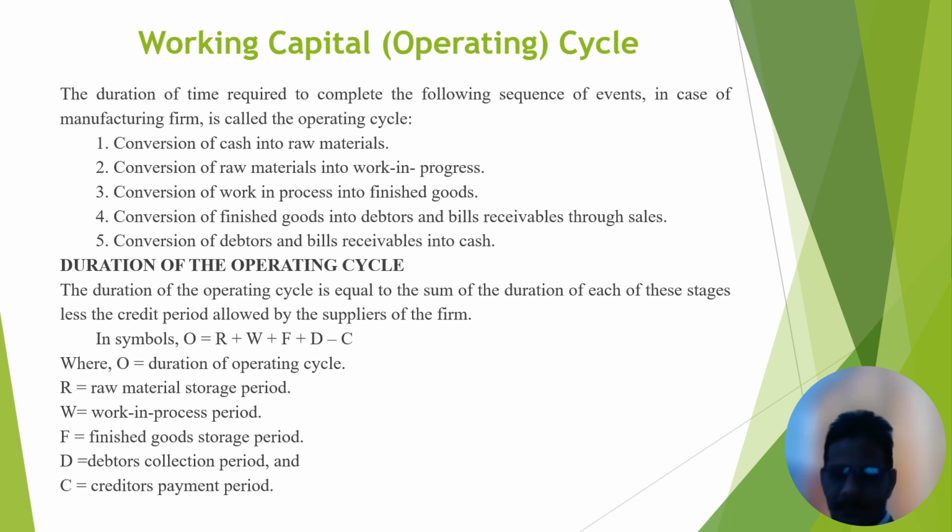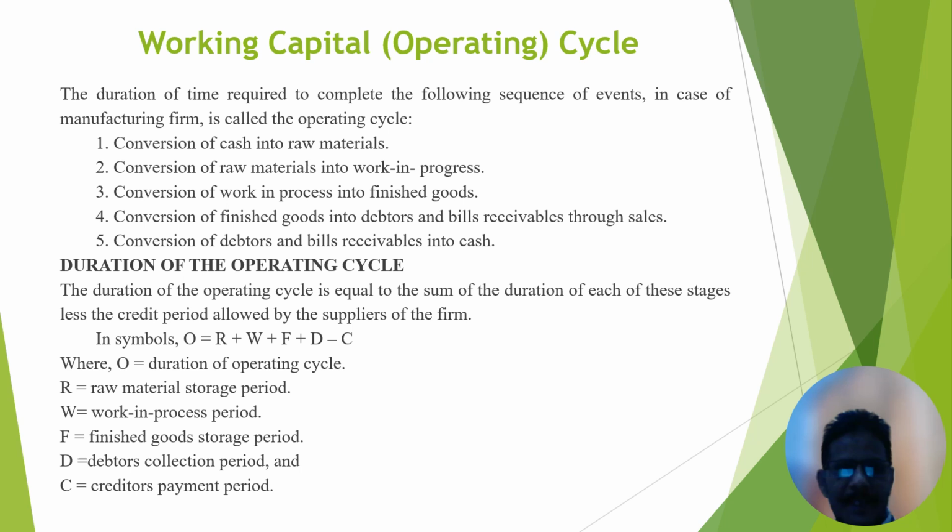We have the period in months or in days. First you add R, W, F, D, and then for the creditor period you subtract. Then we have the duration of the operating cycle. Starting from cash, conversion into raw material, then work in progress, then finished product, then the product is sold to the customer, then money is collected from the customer.